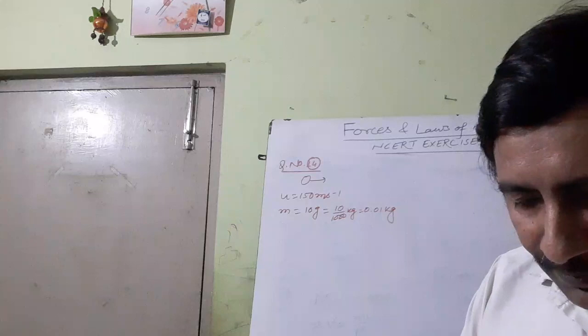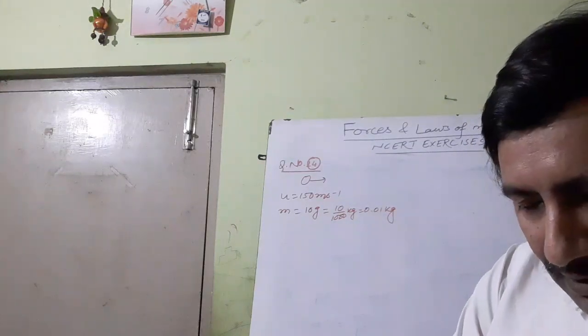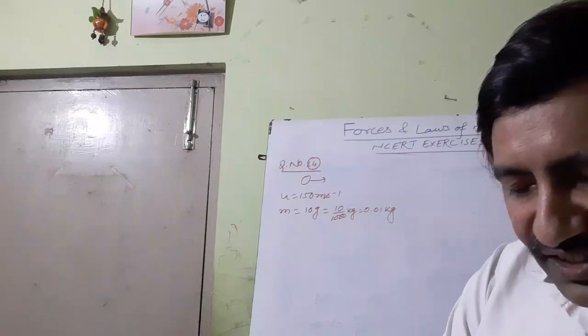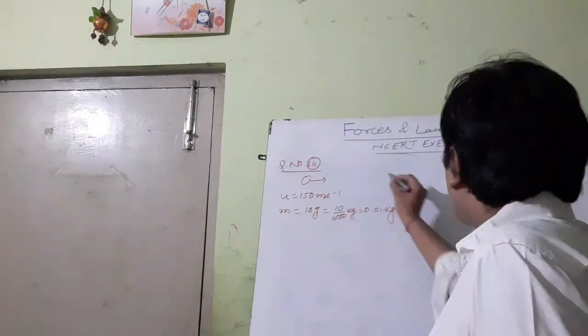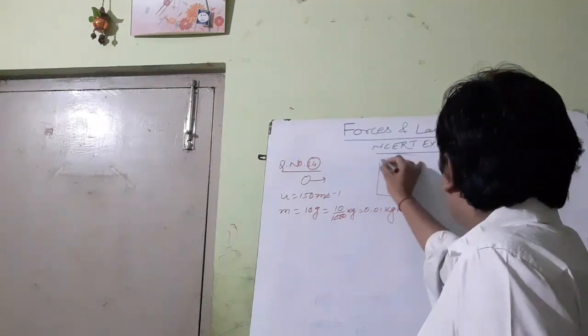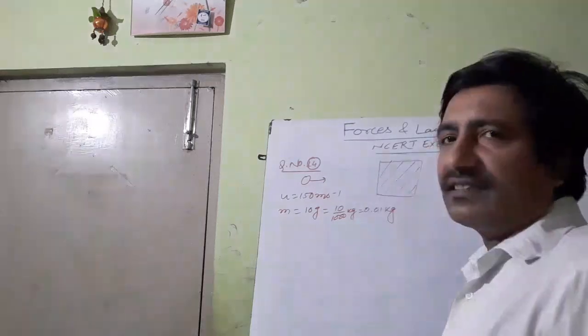After then you see in the question that it strikes a stationary wooden block and comes to rest in 0.03 second. Suppose this is a wooden block and the bullet strikes the wooden block.